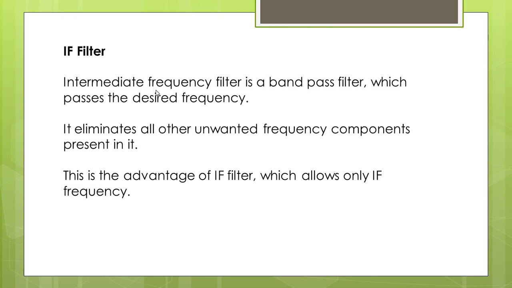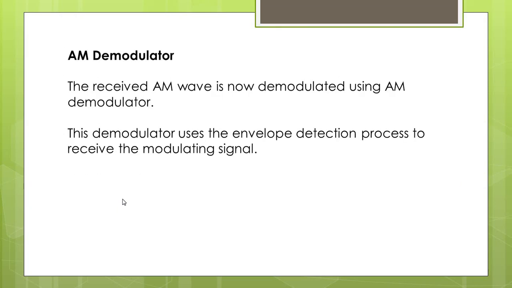This intermediate frequency filter acts like a band pass filter, which passes only the desired frequency signal and rejects all the unwanted frequency components. So the IF filter allows only the intermediate frequency signal. This is the advantage of the IF filter.